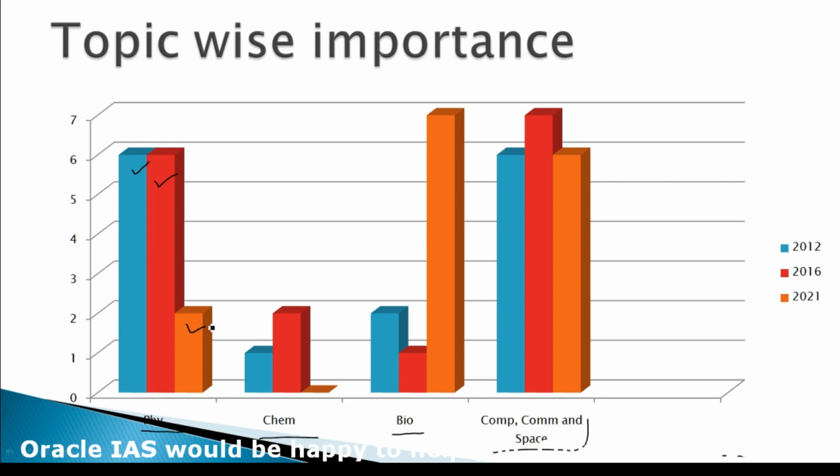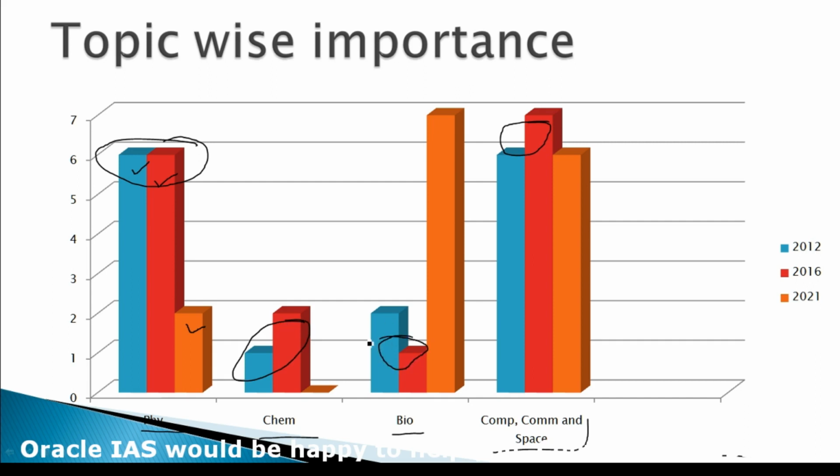You see closely and you'll find a certain pattern for the first 2 years, that is 2012 and 2016. These 2 years they asked a lot of questions from physics and computer science. Other portions were generally ignored.